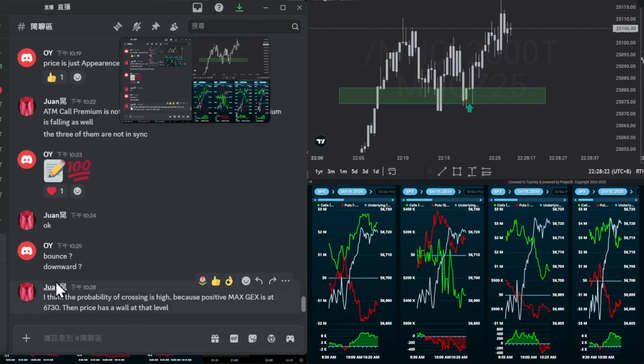Your answer is, I think the probability of bouncing is high because positive max gamma is at 67.30, then price has a wall at that level. Okay, that's your answer to these questions.